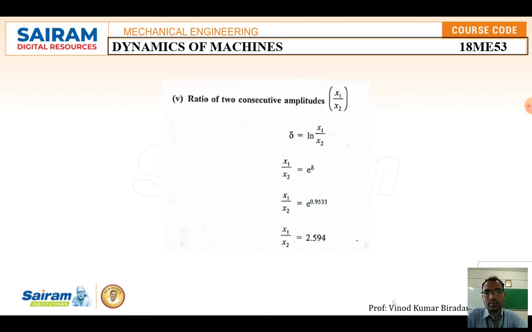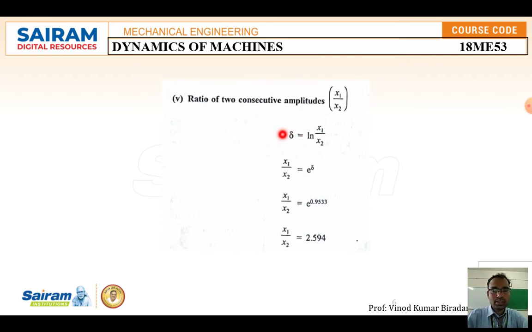Finally, last they are asking for the ratio of two consecutive amplitudes. If you draw one cycle here, with maxima x1 and x2, then delta is equal to ln of x1 by x2. If they ask about the number of cycles, we divide 1 by n. So remember that formula also.